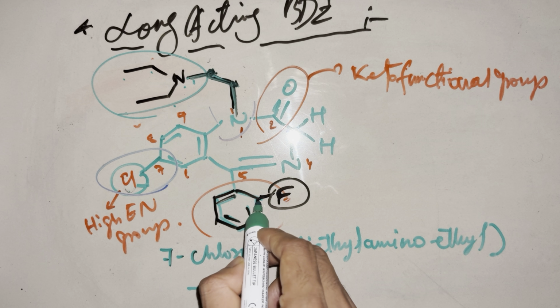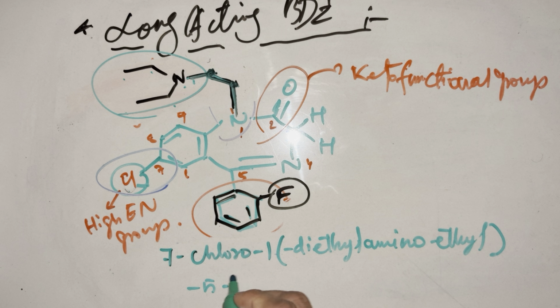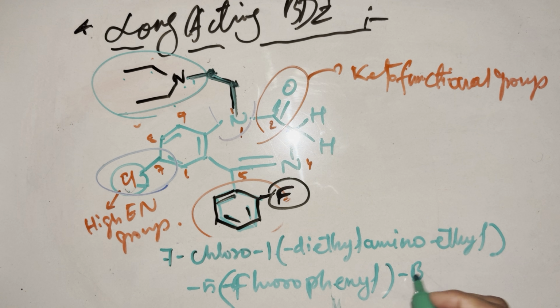So here again a fluorine group is present. So 5-fluorophenyl. Next benzodiazepine 2-one. So the naming will be 7-chloro-1-diethylaminoethyl-5-fluorophenyl benzodiazepine 2-one.